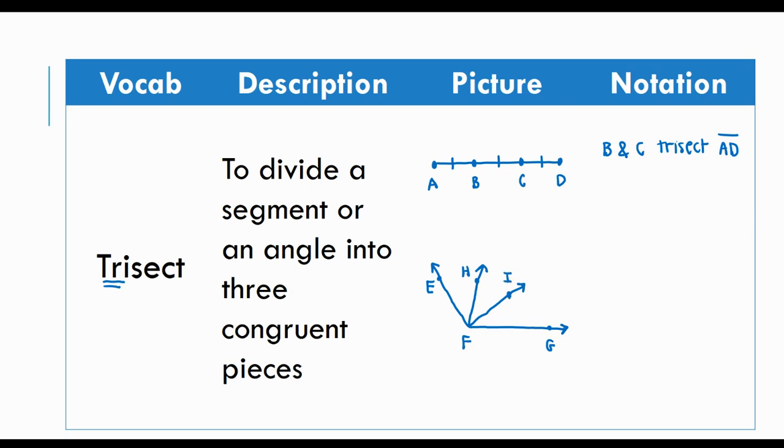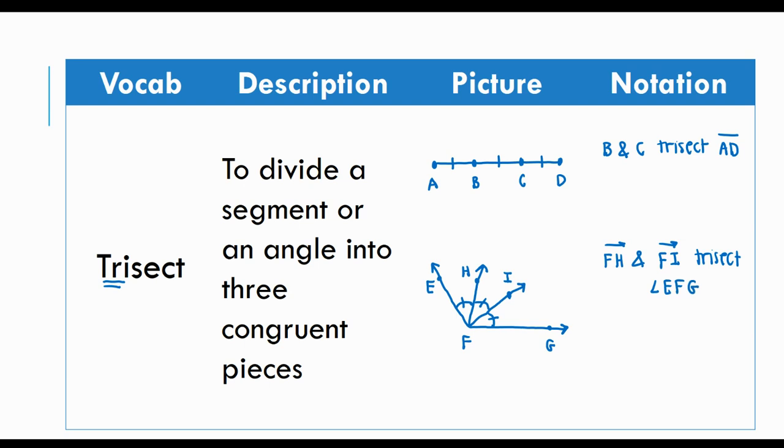But notice that now that one big angle EFG is broken into three smaller angles. And to indicate that those smaller angles are congruent, they have to all be marked the same. So notice that in this case, it's the ray FH and the ray FI that trisect the angle EFG.